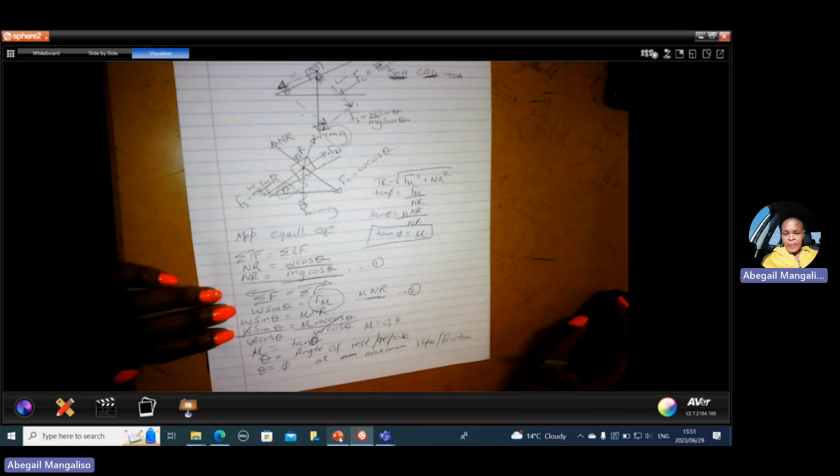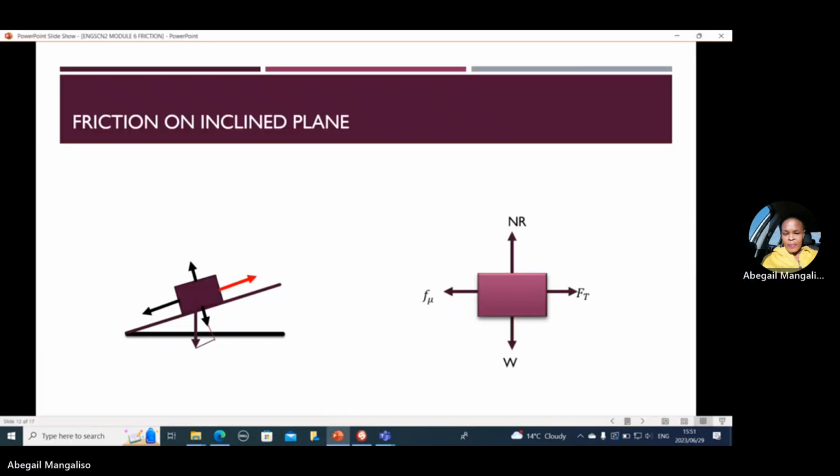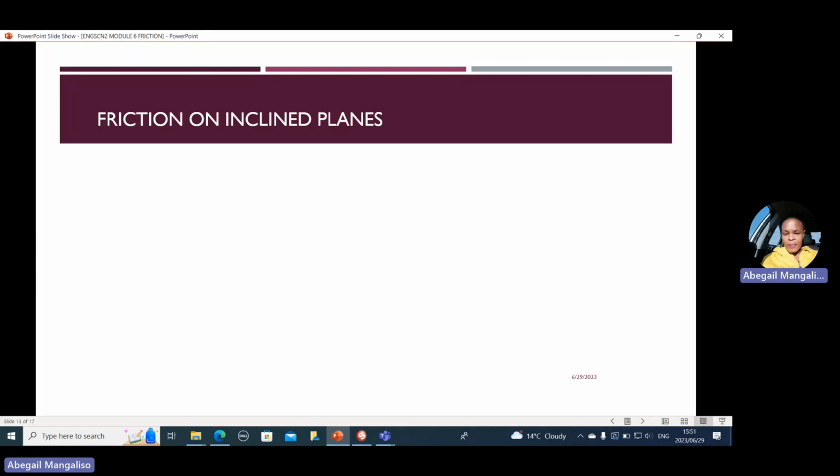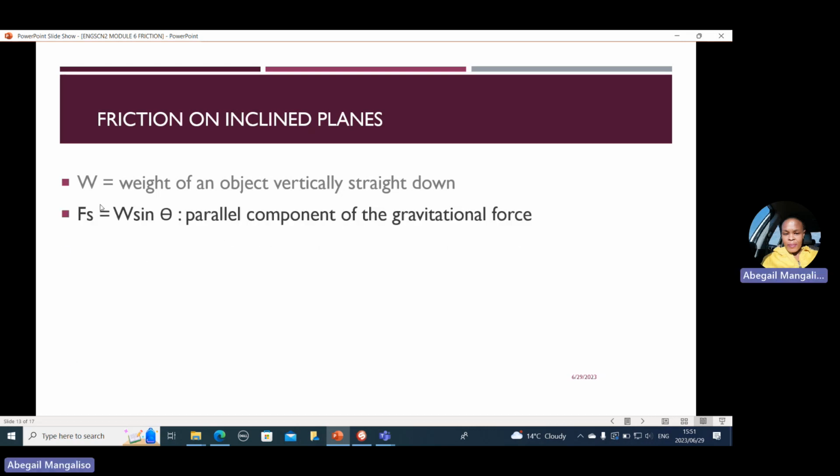Now let's look at the information regarding the inclined plane. W stands for the weight of the object, vertically straight down. Fs is W sine theta, the gravitational component that is parallel to the plane.